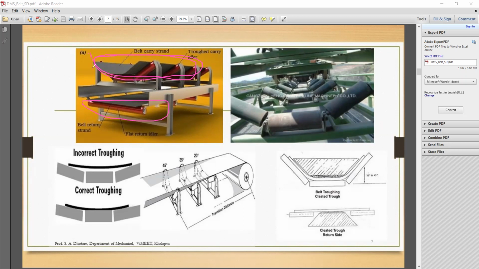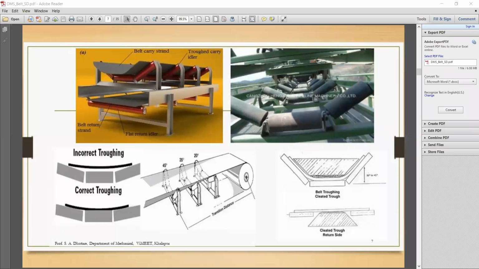The upper run can vary, but the return belt must travel through a flat running idler. Everyone please note that point down properly.